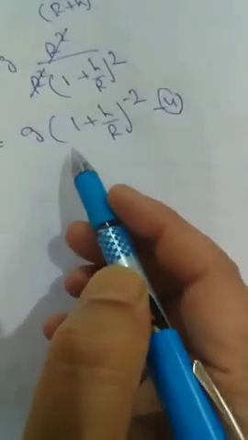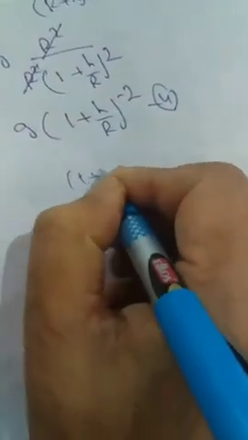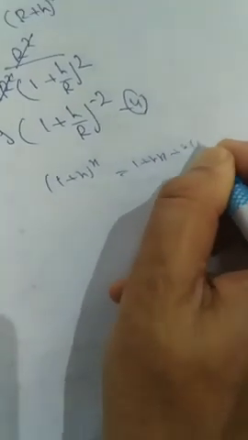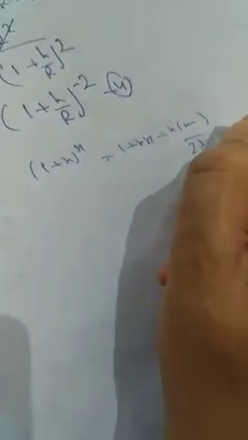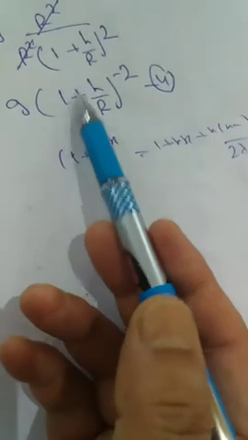We can neglect the squares and higher powers of h by r. You know the binomial theorem: 1 plus x raised to n is equal to 1 plus nx plus n into n minus 1 divided by 2 factorial x square plus higher powers of x.